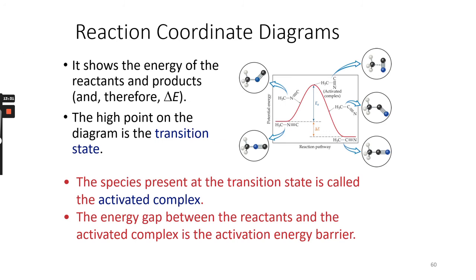So again, this diagram was the one on the previous slide. It shows the energy of the reactants, which is right here, and the products. And here is your delta E, which is your change in energy of this reaction. And the high point here is called your transition state.